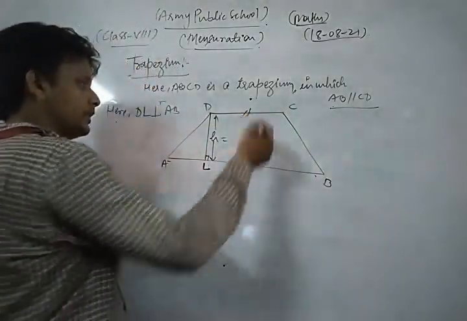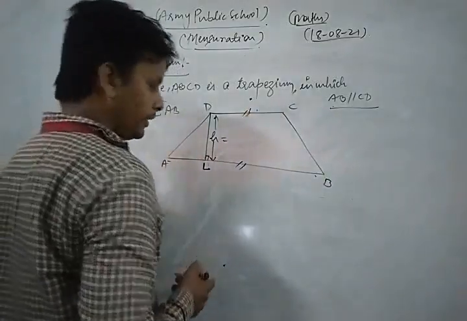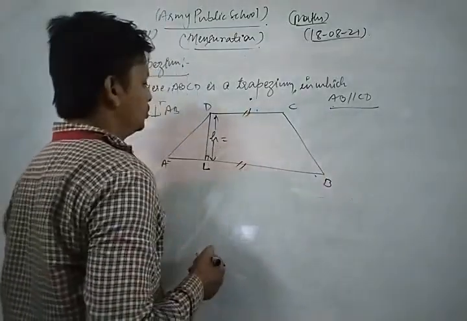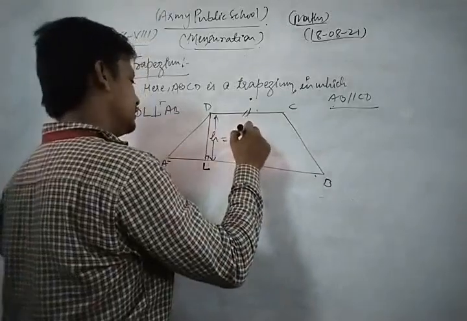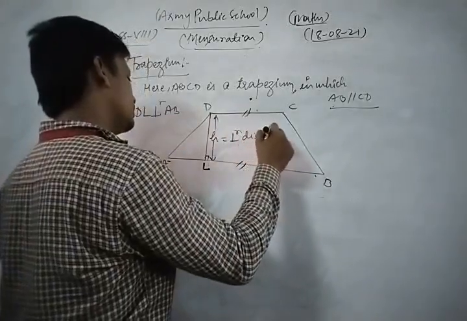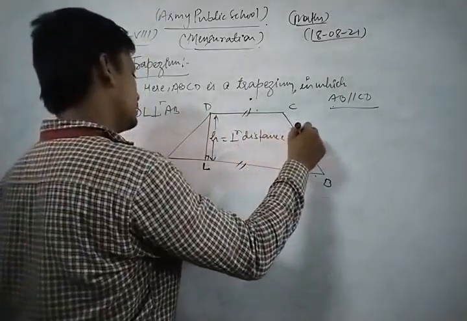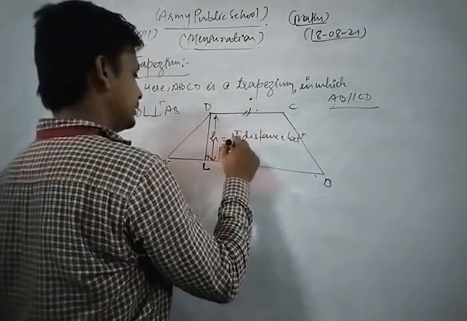Because in a trapezium one pair of parallel sides is there, H is equal to the perpendicular distance between the parallel sides.